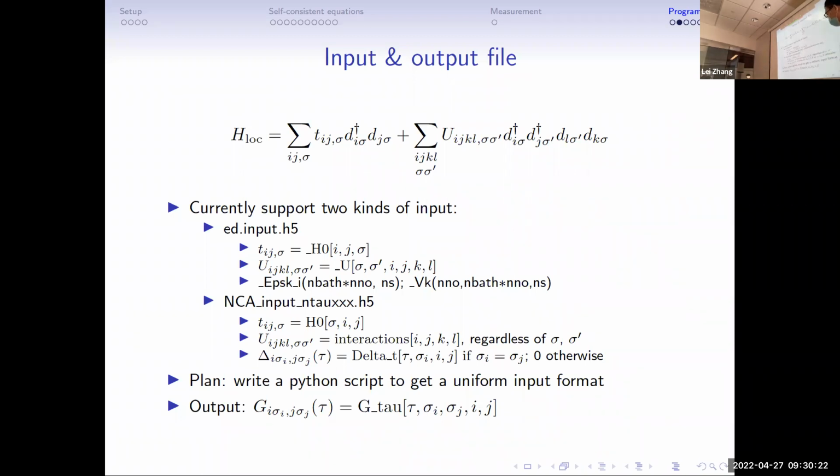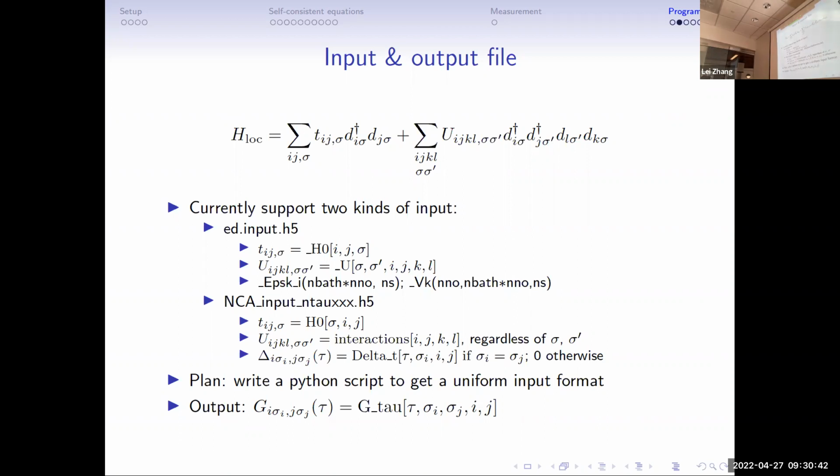I think it comes from the GW simulations, and this is also the correspondence. So here we use sigma ij, not ij sigma, and the interaction is only dependent on the orbital index, regardless of sigma prime.